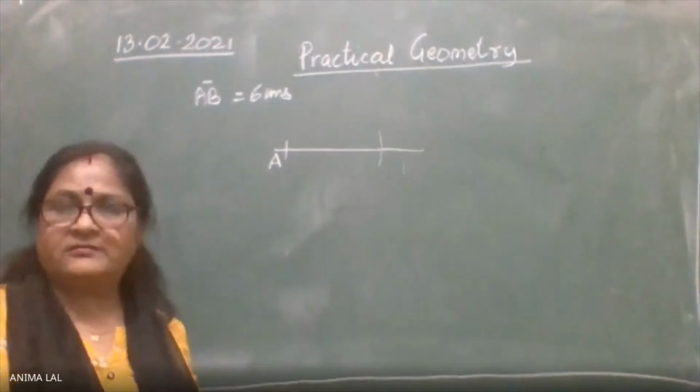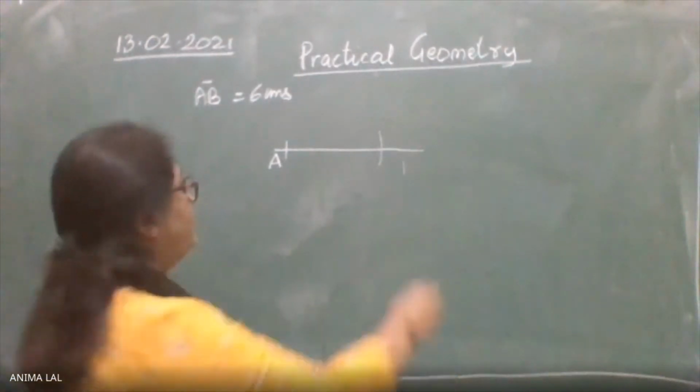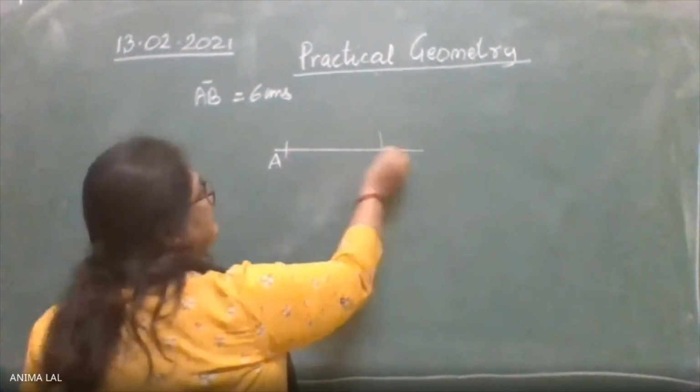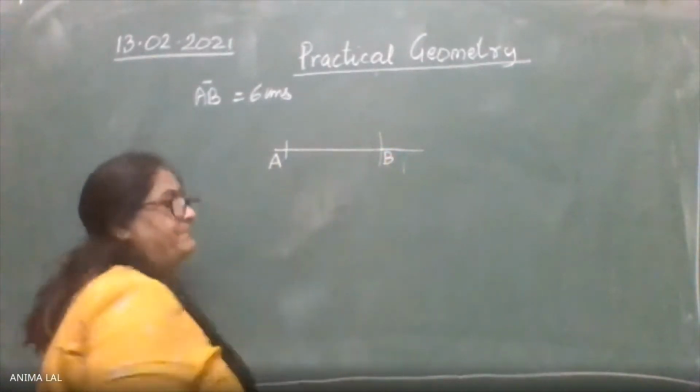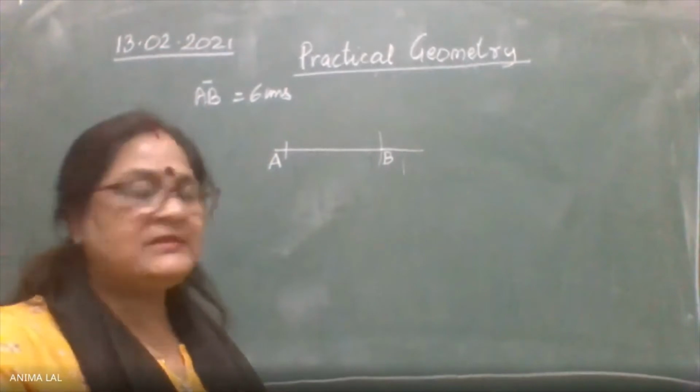Where the arc and the line meet, you get a point, that is point B. Now, this is the basic way we draw a line segment.